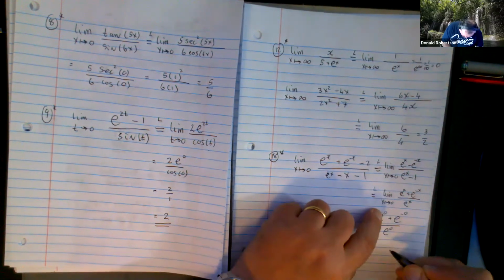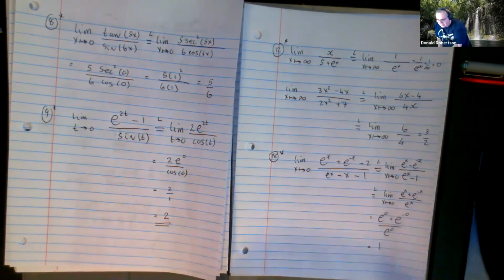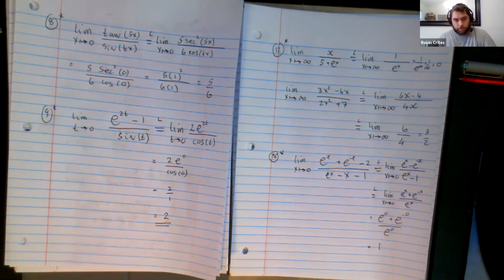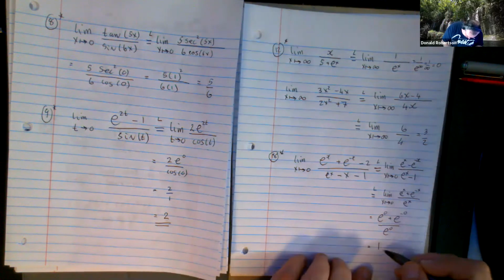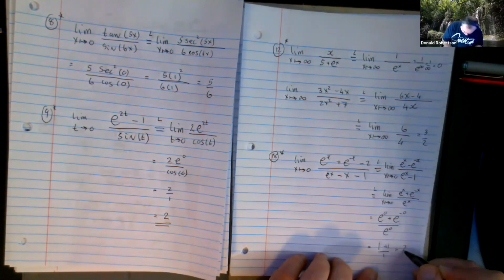E to the 0 is 1. What's e to the power of negative 0? Also 1, because 0 can't be negative. Putting in negative 0 was probably not a good idea, but it is just 0. So you get 1 again. And so the answer is 2.